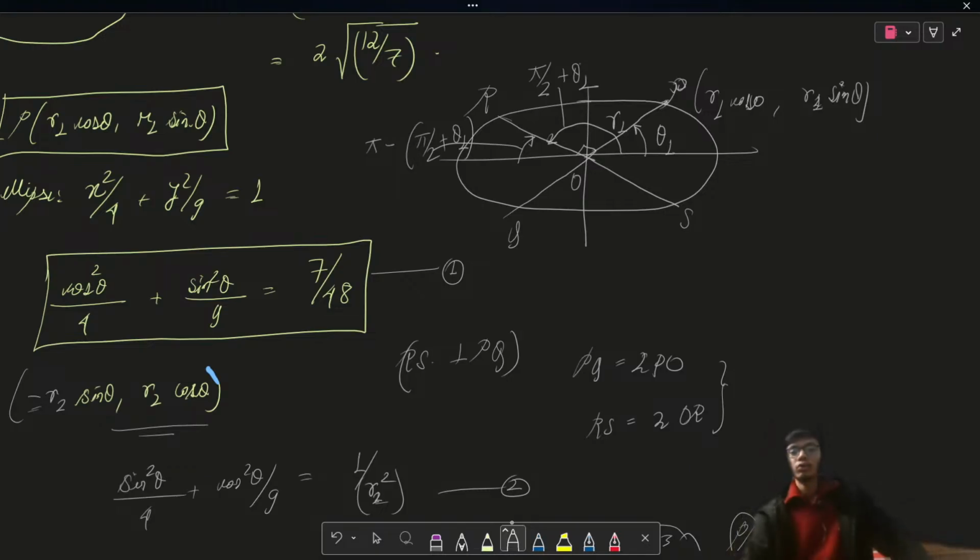So the modification I am trying to do over here is that for point P the eccentric angle is theta 1, and for point R the eccentric angle is pi by 2 plus theta 1, right?